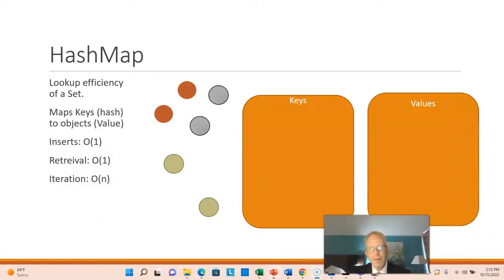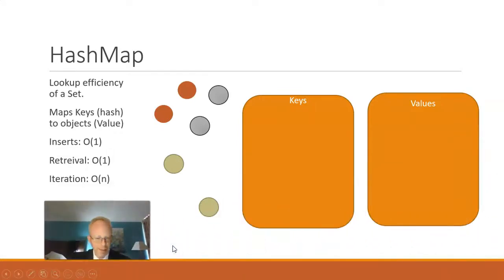So I have a previous video where I talk about sets and hash set and how the hash set is an efficient way to store unique distinct objects because objects are stored not in the order in which they were inserted, but they're stored according to their hash code, which essentially is an easy way to look things up. So a hash map is very similar, but instead of just having a set, it actually has two parts.